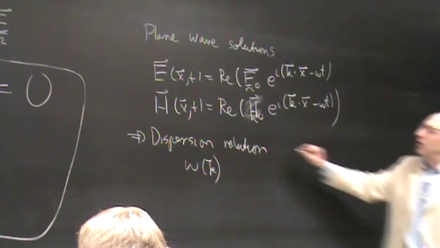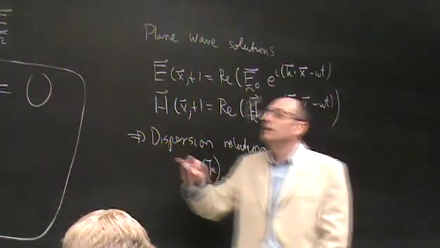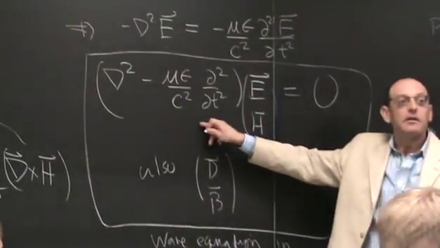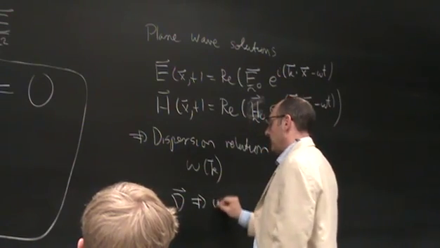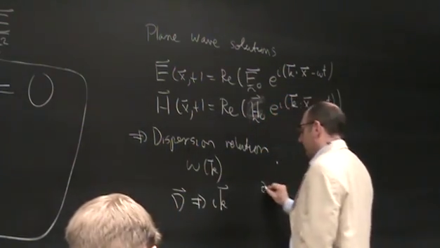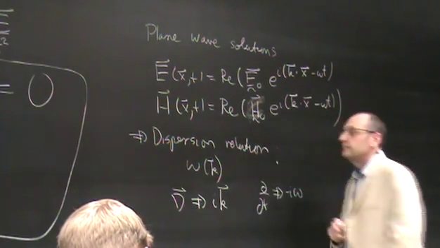How do we do that? Well, we just plug the complex representation into the wave equation. What happens when we plug that in is every del becomes an ik, and every d by dt becomes a minus i omega.